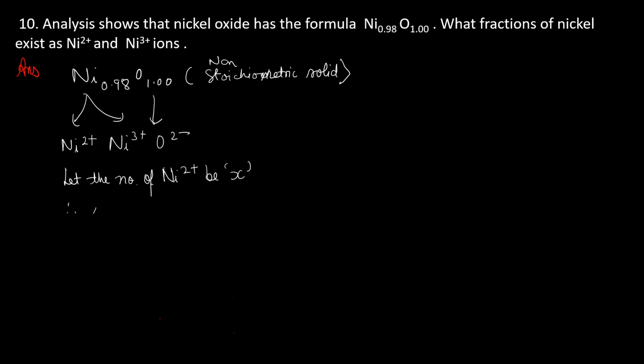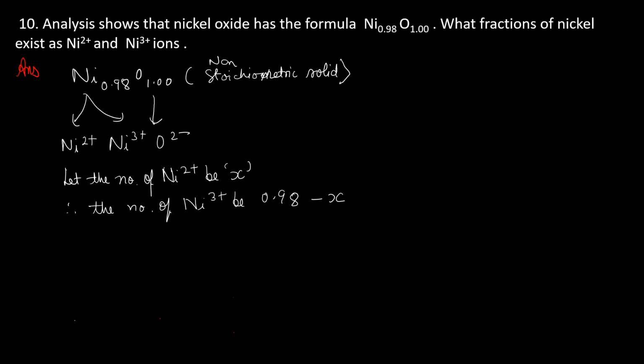Therefore, the number of nickel 3 plus ions will be 0.98 minus x, right?